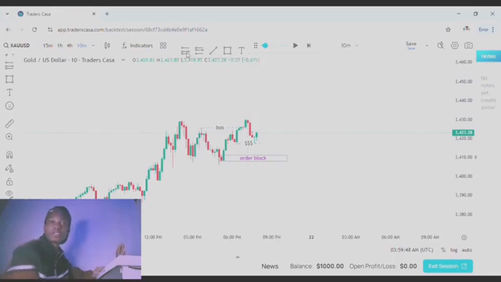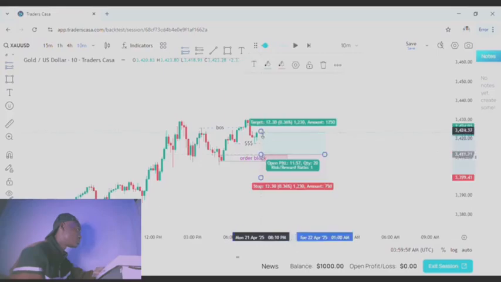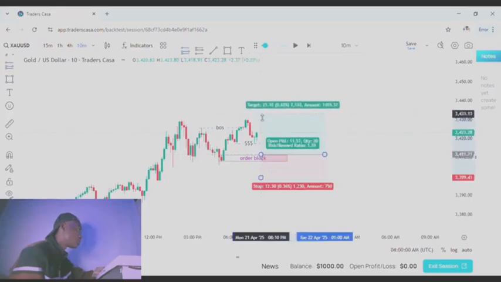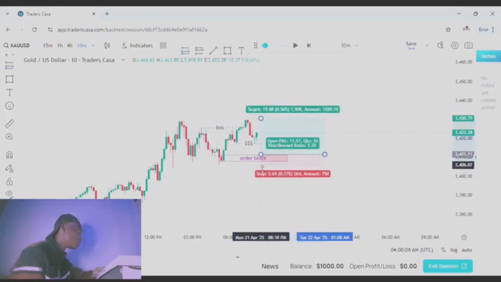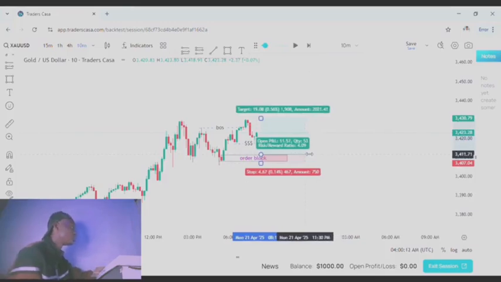What you have to do is just place your trade and let the market do its thing. So I'll go ahead and place the limit order right here, set my take profit right here, and put your stop loss a little bit below the order block zone.